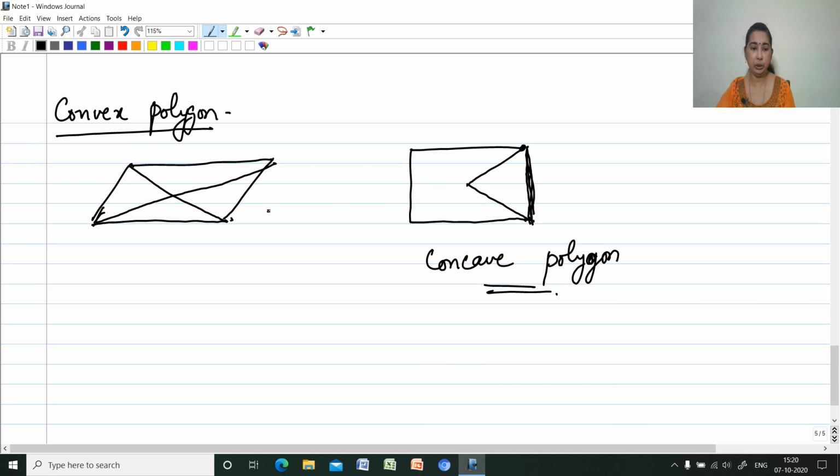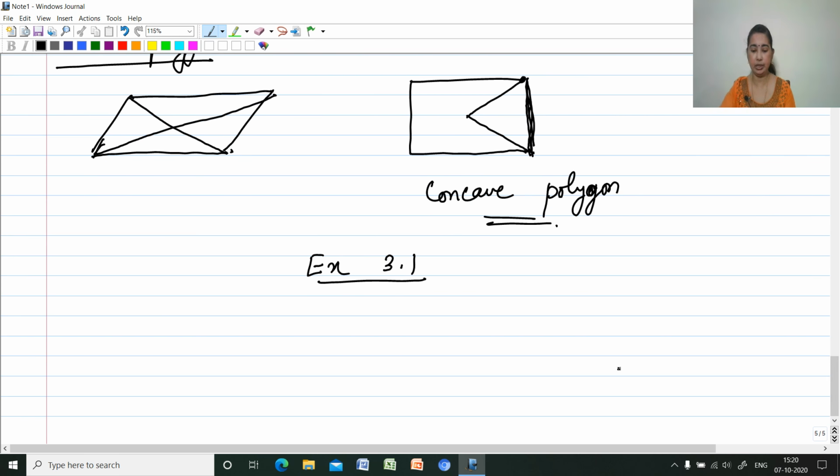Now we will move on to the exercise questions, exercise 3.1. The first one is to find out what is a simple curve, simple closed curve, polygon, convex polygon, concave polygon. Those are direct questions. What is a convex polygon? The diagonals will be passing through the interior points, then it is called a convex polygon.